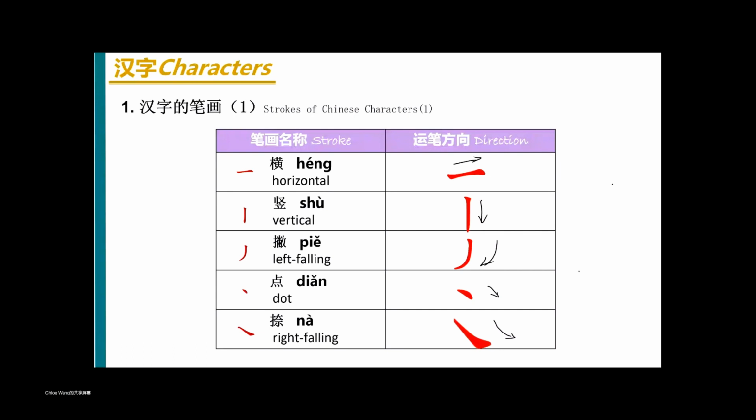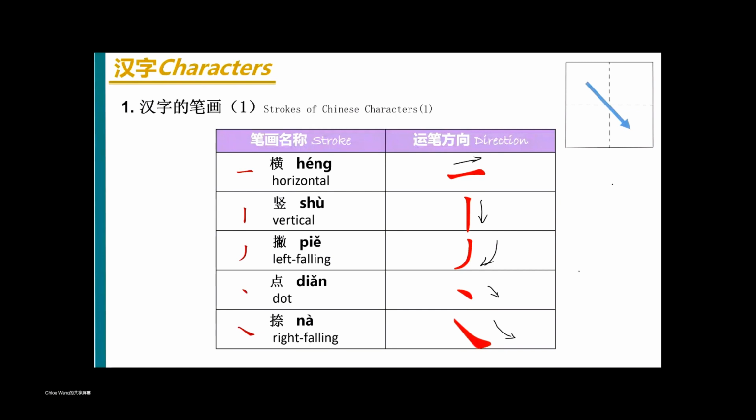And in conclusion, from these 5 basic strokes, we can tell that in the Chinese character system, the direction we write is from the top left corner to the bottom right, right?